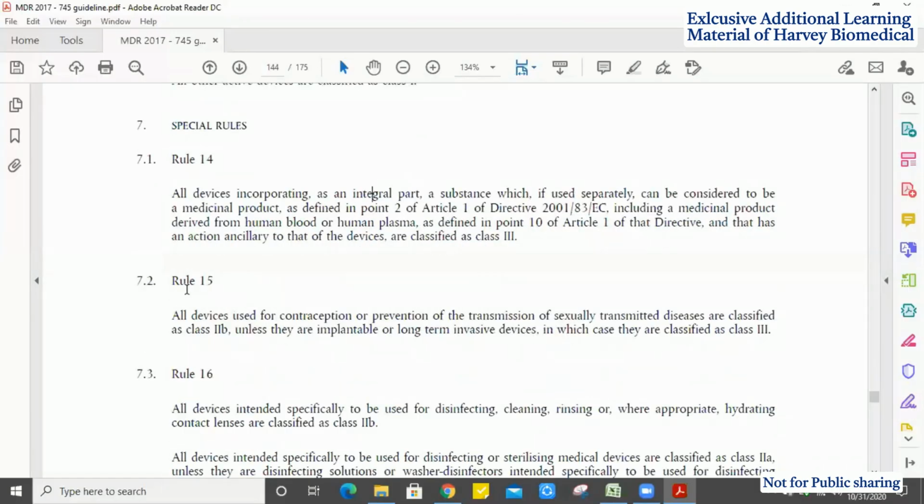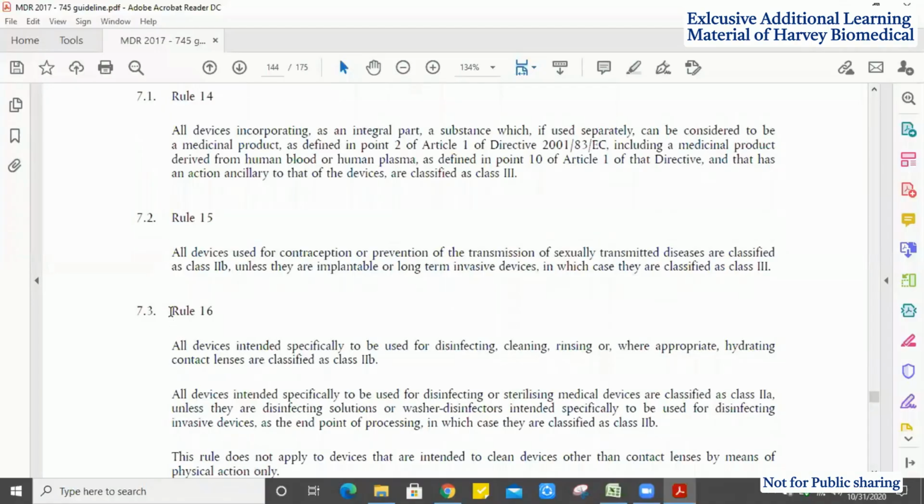You have to clearly justify the rules, whether your device is transient, short term or long term, and whether it is invasive, special or active. Based on that, if it is a special rule or long term use, you have to see which rule applies to your device.